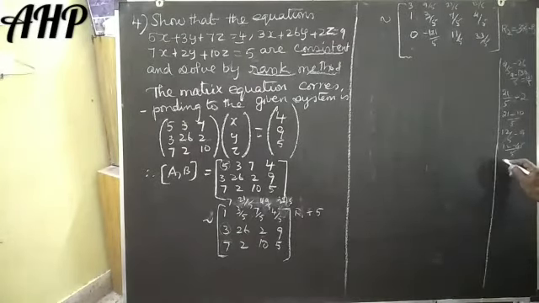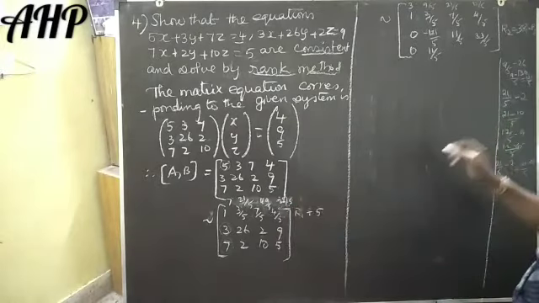So 21 by 5 minus 2, taking LCM 5, 21 minus 10 is going to be 11 by 5. Then the next place you have 49 by 5 minus 10.